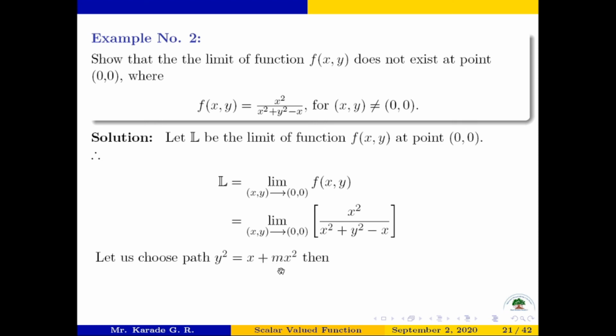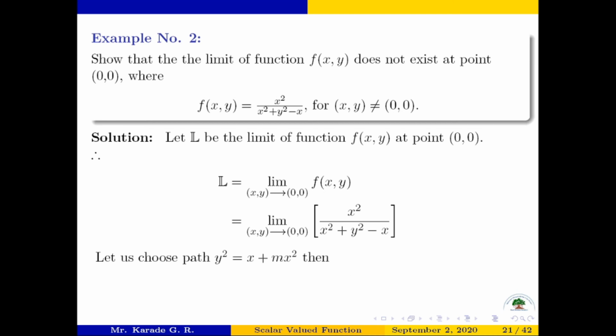If I choose this path, y square equal to x plus mx square, you can observe it is chosen from these two terms here: y square is equal to x plus mx square. For our convenience we have chosen it like this.